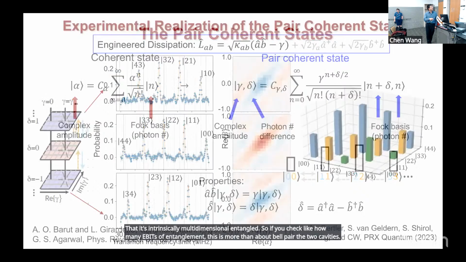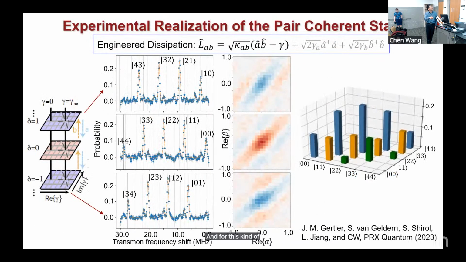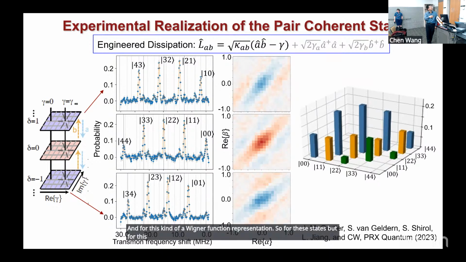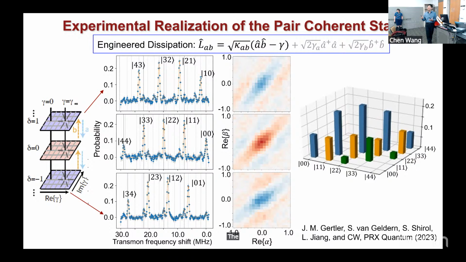And for this kind of Wigner function representation, for these states and these superposition coefficients, if you're doing a joint Wigner function analysis, you can show that if you add a phase on cavity A to do the phase space representation, or put a phase on cavity B, the state you see is exactly the same.